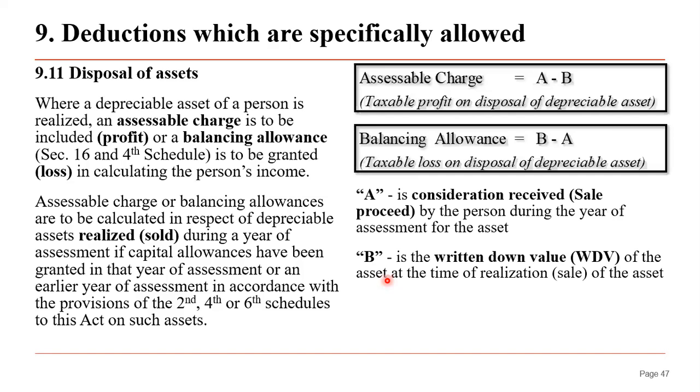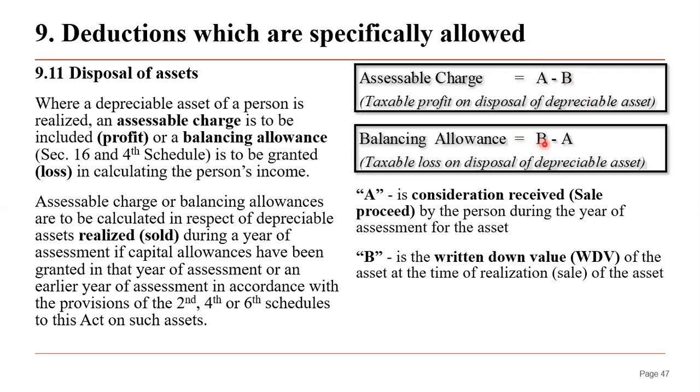Here, what is A and what is B? A means consideration received, the sale proceeds by a person during the year of assessment, right? B means the written down value of the asset at the time of sale. So the assessable charge is sale proceeds minus WDV.